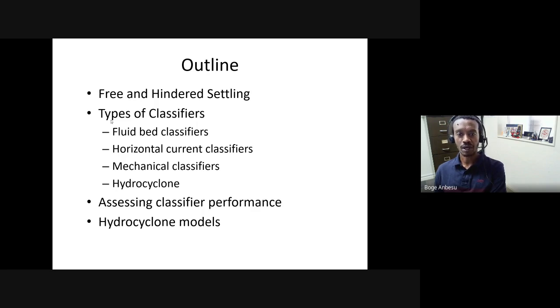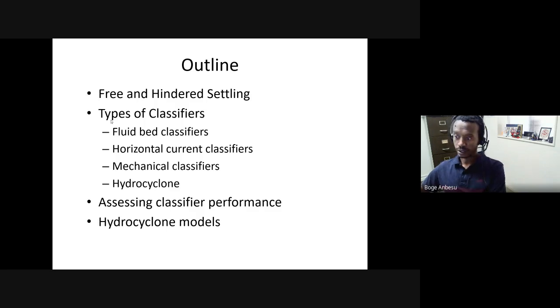Pretty much everywhere I went, I saw hydrocyclones in action. Some of the other classifiers are less applicable in mineral processing, but hydrocyclones are by far the most common, so we'll probably spend more time talking about them today.